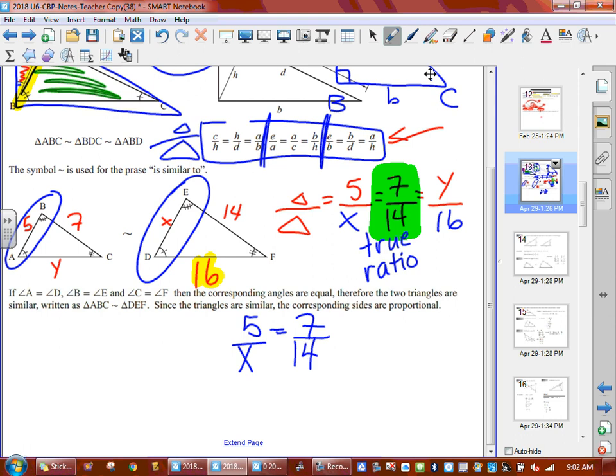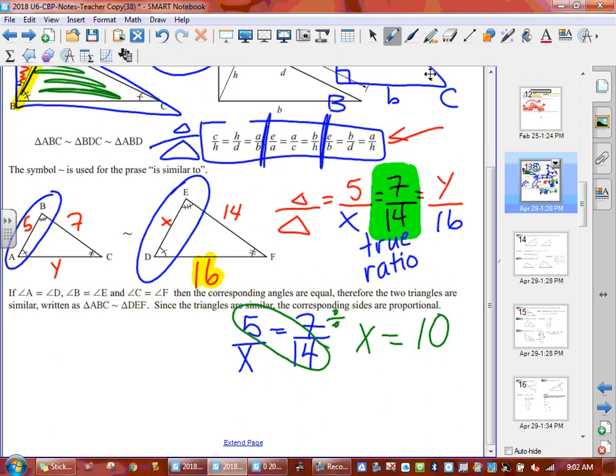And now I'm going to cross multiply and divide. So I'm going to multiply this way and divide by 7. You always multiply the numbers that are diagonal, and you divide by the one left over. It doesn't matter if the one left over is on top or on the bottom. So, if I do that, I'm going to get x is equal to 10. Should equal 10. Okay?